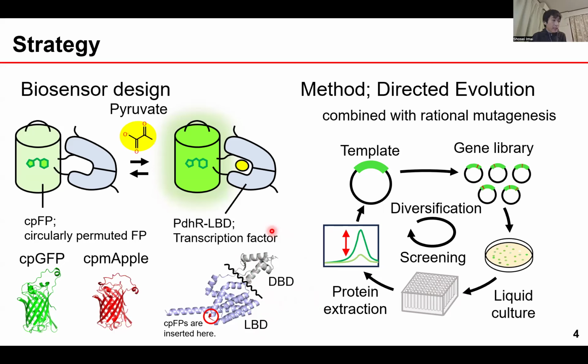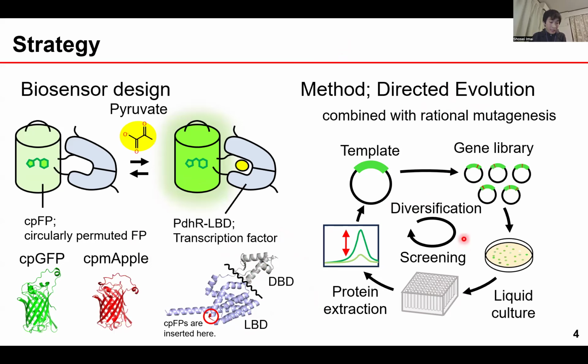Prototype sensors were identified using these strategies, but their performance was still poor at this stage. Therefore, we applied directed evolution to improve them. Directed evolution is a method of protein engineering and involves generating gene libraries and screening for the best variant.